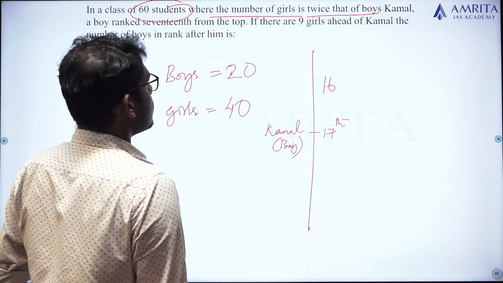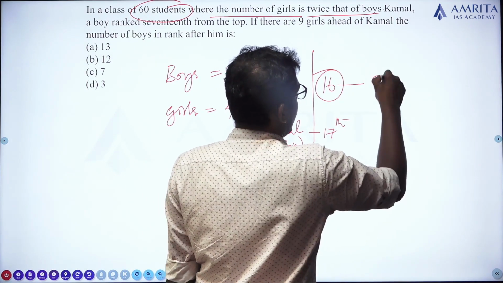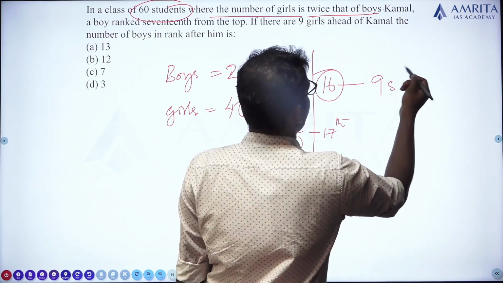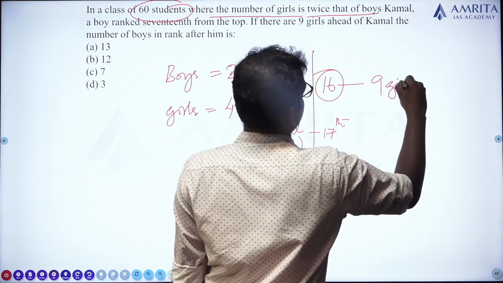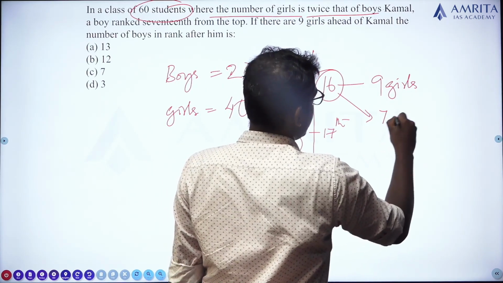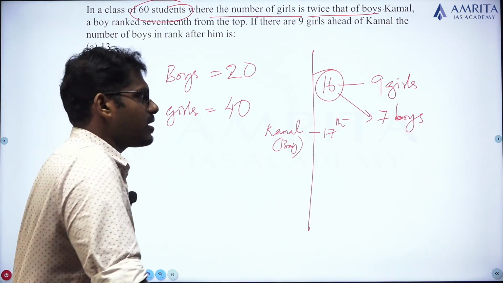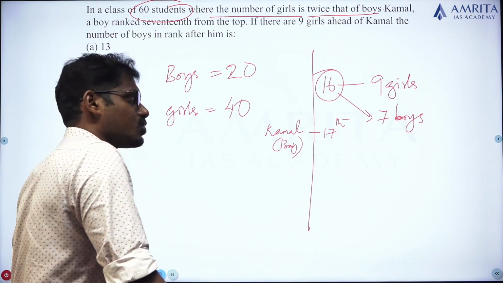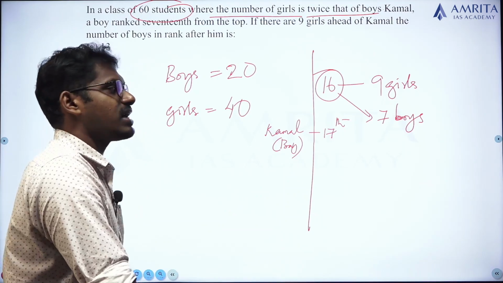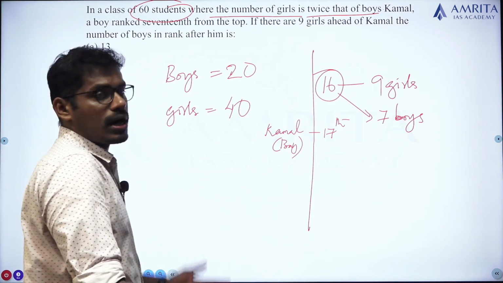If there are 9 girls ahead of Kamal, then out of the 16 students, 9 are girls. So how many boys will be there? The remaining 7 will definitely be boys. So there are 7 boys above Kamal.